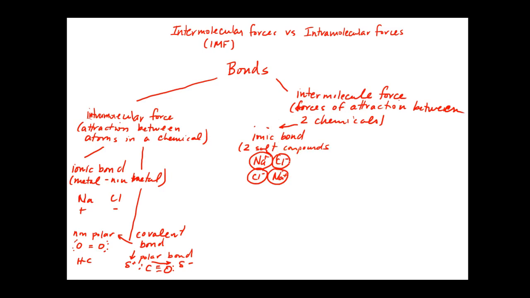And these are incredibly strong bonds. For that reason, it takes a lot of energy to break these ionic bonds. That is something that is unique to metals and nonmetals. In terms of molecules, remember, molecules usually have two nonmetals bonded together. Those are a little bit more complex, so we'll start off with one of the easier ones.